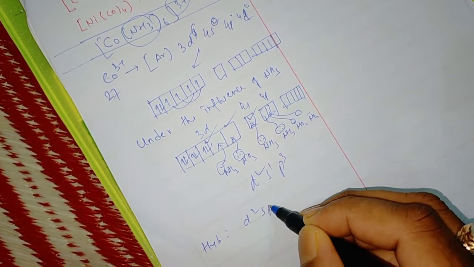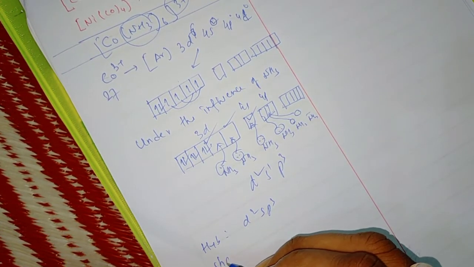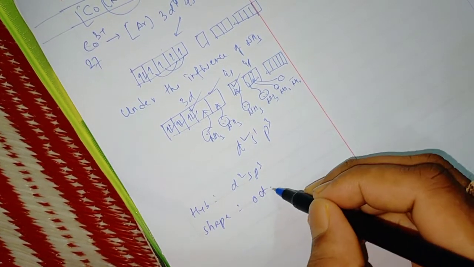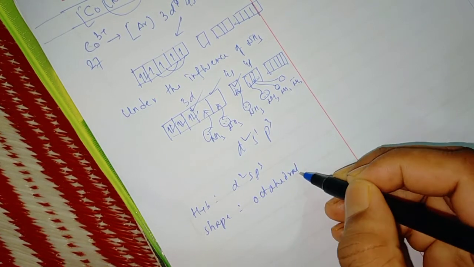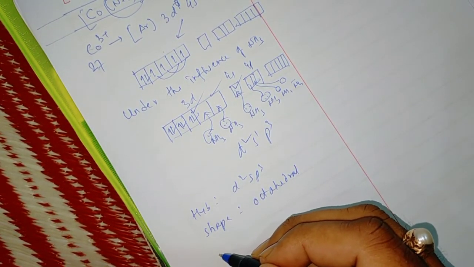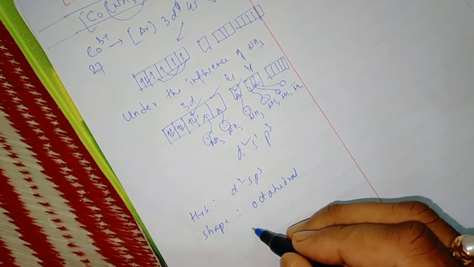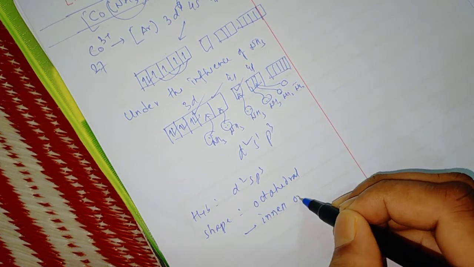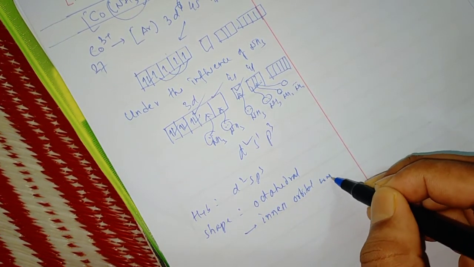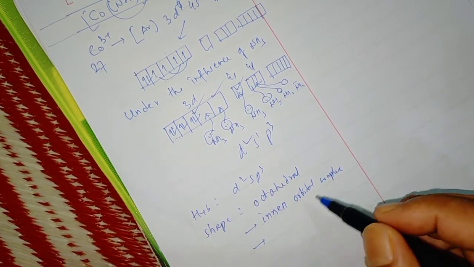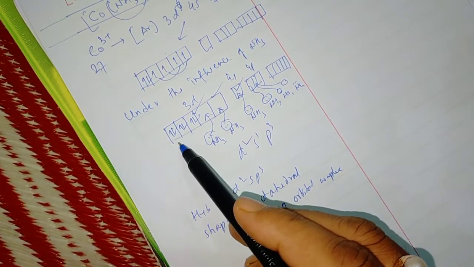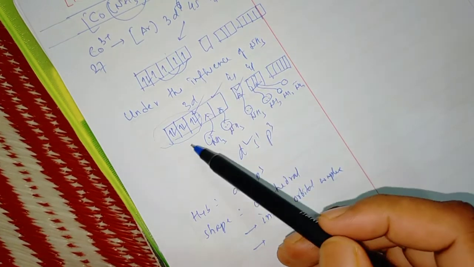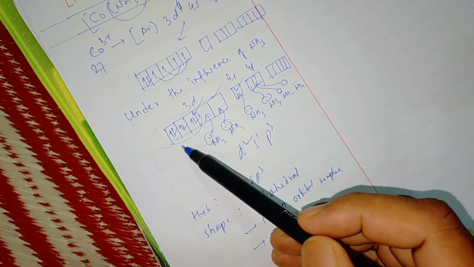So in that case, you have to write hybridization is d2sp3. Second comment, shape is octahedral. And third one, it is an inner orbital complex. Inner orbital complex means it uses the inner d orbital. Now you see that the spin is decreasing here. It is plus up, plus up, plus up, plus up, 2 spin, but here it is plus up, minus up, plus up, minus up, plus up, all the spins get cancelled.